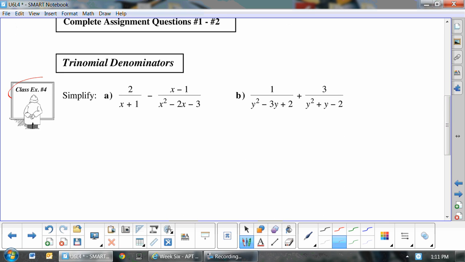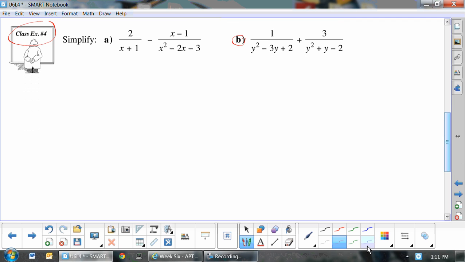Okay, so we're just going to do b for example number 4. Can I have someone put up their hand and tell me what's the very first step we should do? Even before LCD. Yeah, exactly.